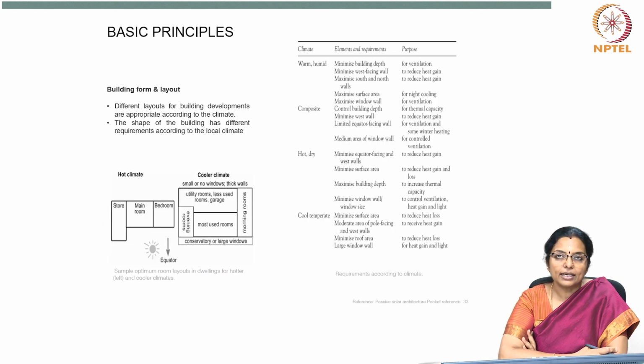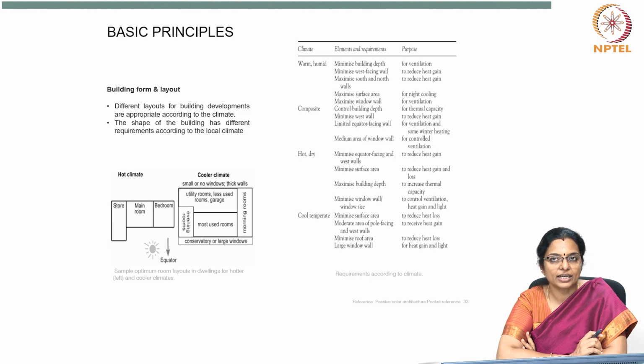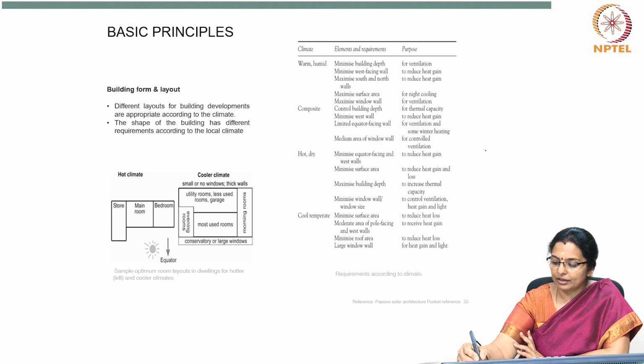Now, let us look at the building layout. As the warm humid climate zones are located near the equator, the settlement pattern should be placed preferably on the southern or northern slopes. The best orientation is longer side facing north and south direction to protect from the solar radiation.